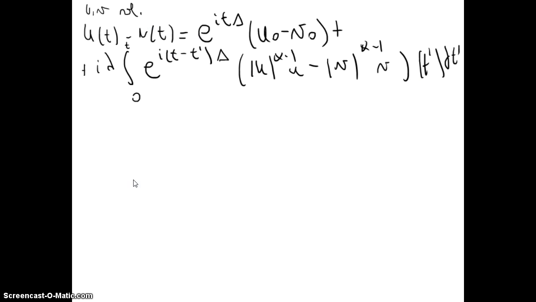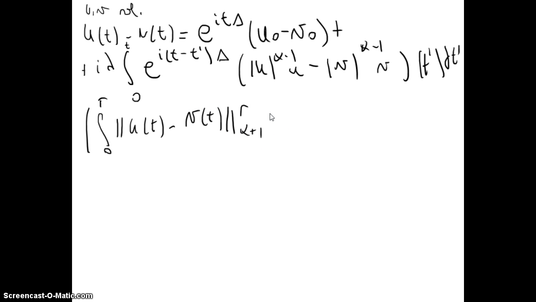Okay, so using the same arguments we have been using, we have the integral of 0 to t of u(t) minus v(t) in L^{alpha plus 1} dt to the 1 over r.